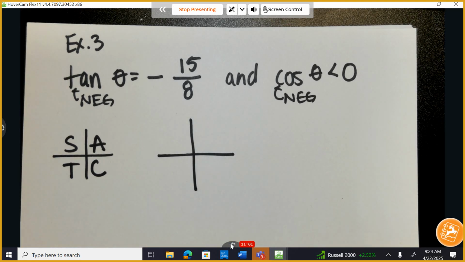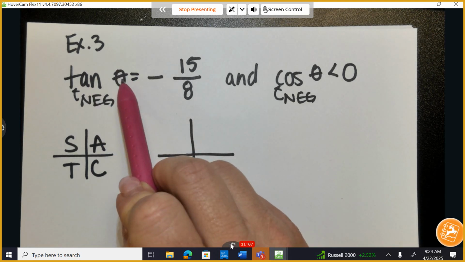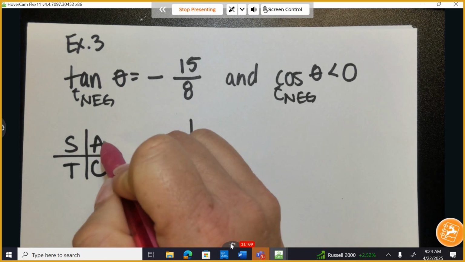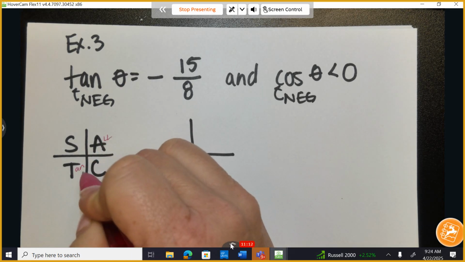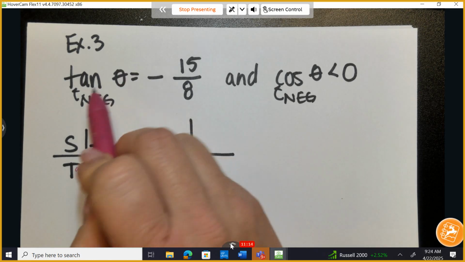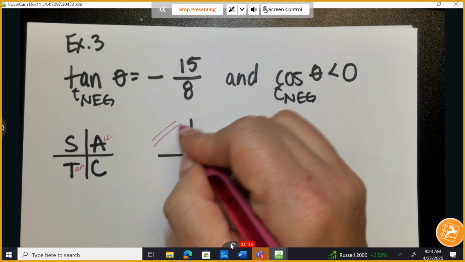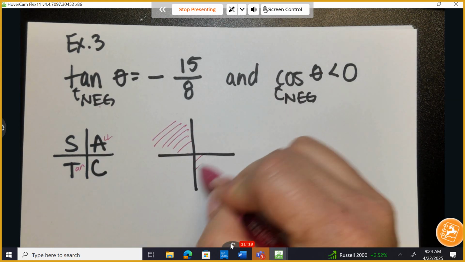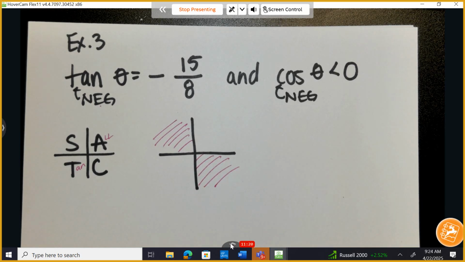And then I'm going to come over here and I'm going to shade in true statements. Okay, where are tangent values negative? Well, all things are positive here and tangents are positive in here. I don't want positive, I want negative. That means tangents must be negative in quadrants 2 and 4 because they're positive in 1 and 3.